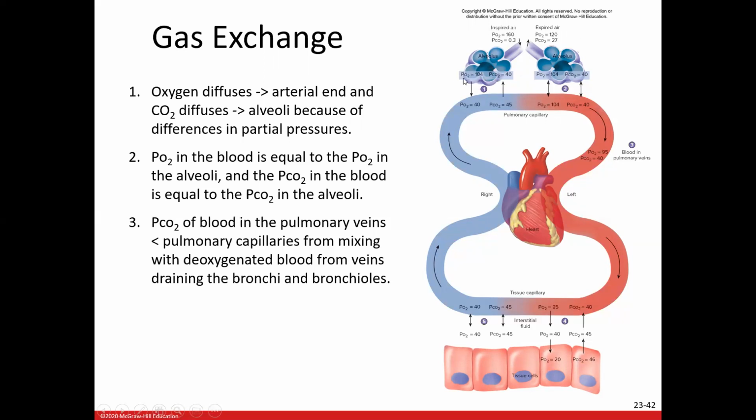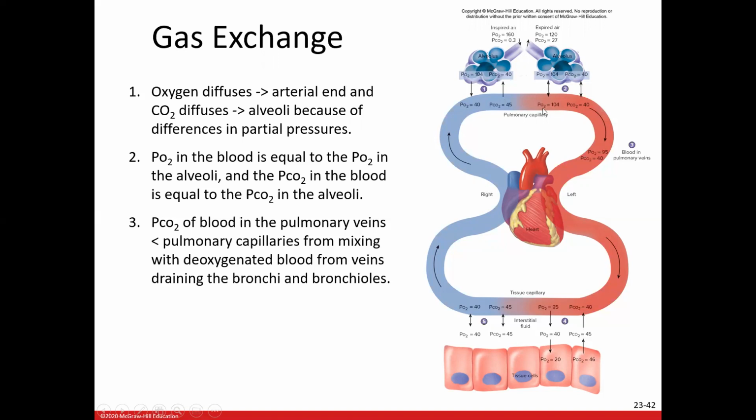So your partial pressure of oxygen is 104 here, and it's 40 here, meaning it's higher in the alveoli, and we always go from high to low. So your oxygen is going to diffuse from your alveoli into that arterial end of the pulmonary capillary. The partial pressure of carbon dioxide is 45 here, and it's 40 in the alveoli. So it's always going to move again from high to low. So carbon dioxide will diffuse in.